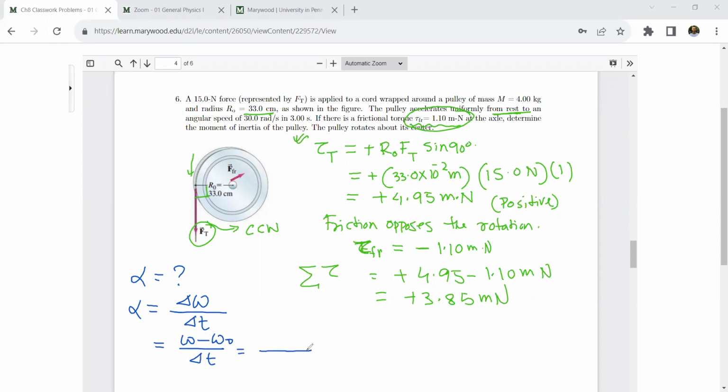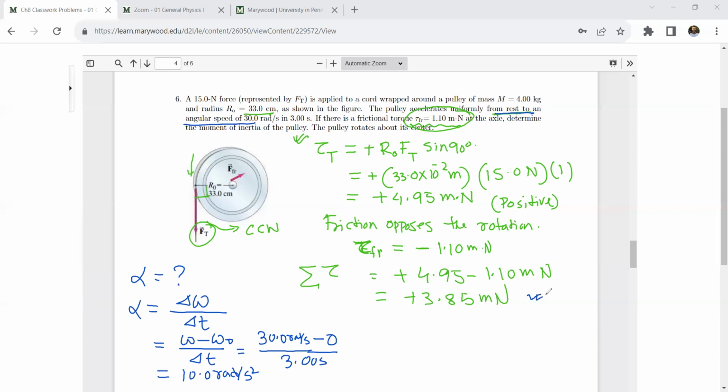So here final is 30 rad per second, initial is 0 because the object starts from rest. It says from rest to an angular speed of 30. So 30 is final, 0 is initial, and the time is 3 seconds. So the alpha here is 10 rad per second square.